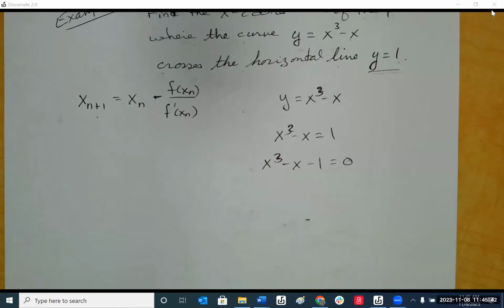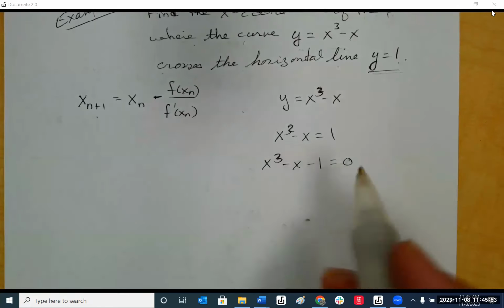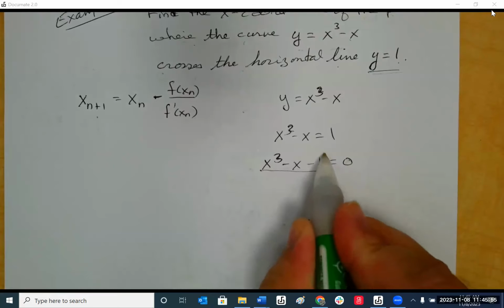So what can we do? In other words, this is our new function.